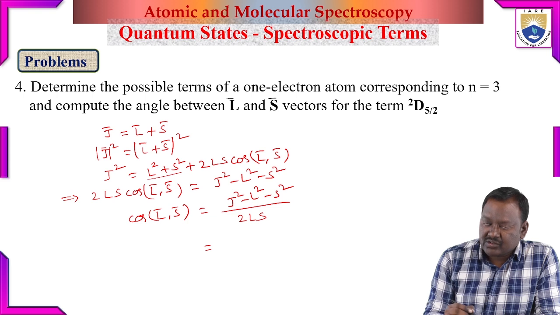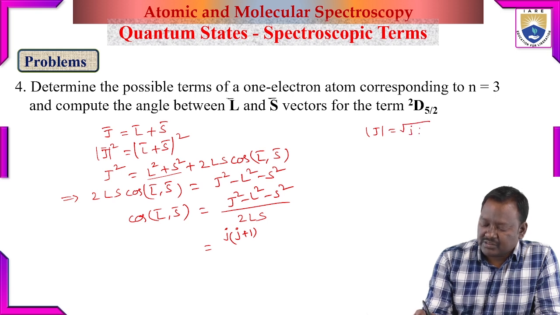Here J square is equal to J into J plus 1, because we know that the magnitude of J bar equals square root of J into J plus 1 times h by 2 pi.